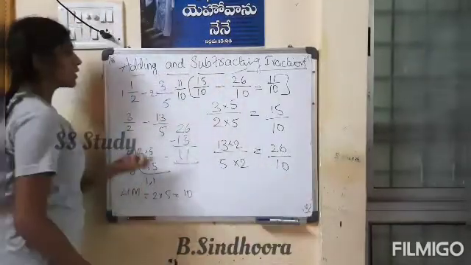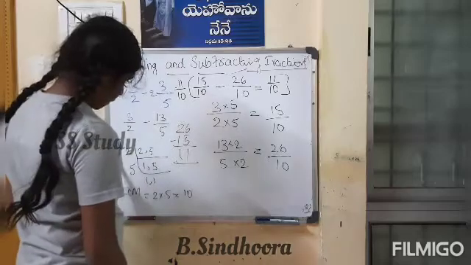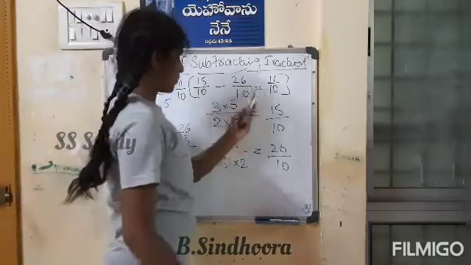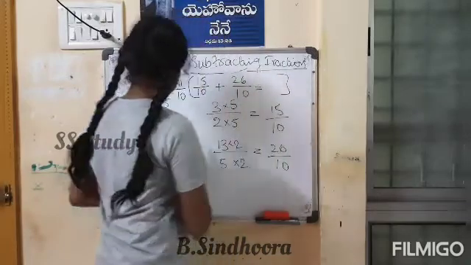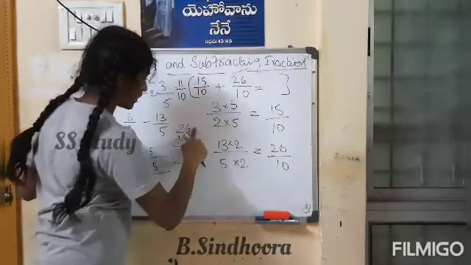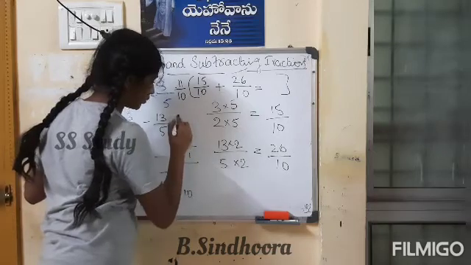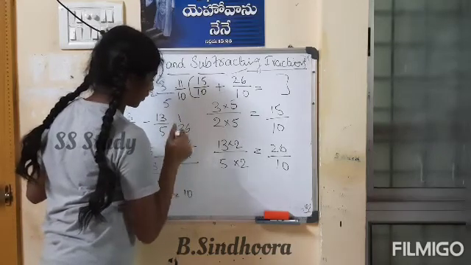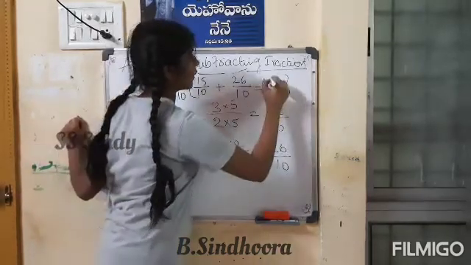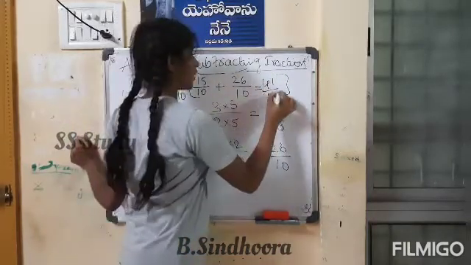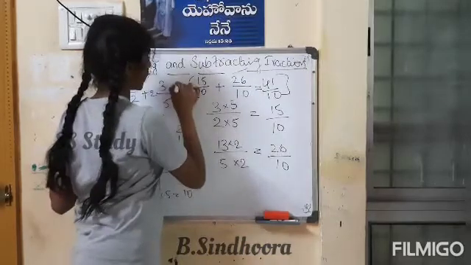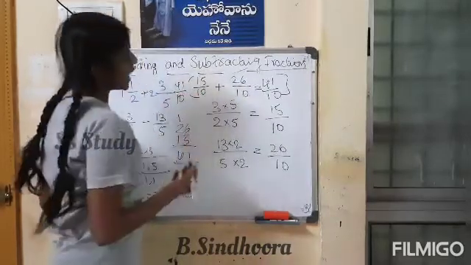Addition means the same, you find the LCM, but here you take plus. 15 plus 26 is 41. If addition, 41 by 10, if subtraction, 11 by 10.